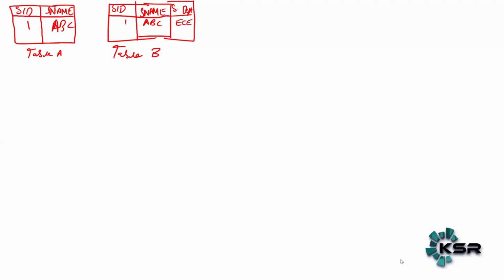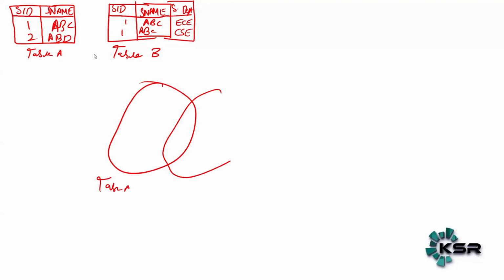Two, ABD. Again one, ABC, CSC. This is the data that you have. You can ignore this data, that is not an issue. So suppose these are two tables, table A and table B. How many types of joins are there?